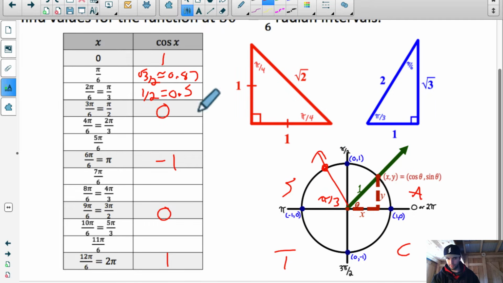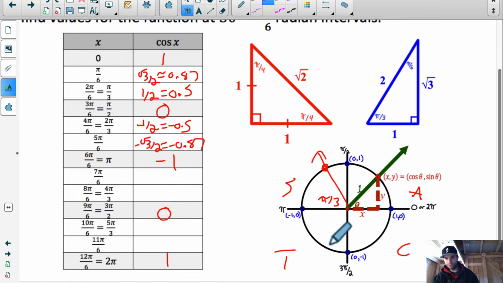Only sine is positive here, so cosine is negative. So cos of 2 pi over 3 is equal to the negative of cos pi over 3. So that'd be negative a half. Cos 5 pi over 6 would equal negative of cos pi over 6, so negative root 3 over 2. And cos of pi, we already did that, is negative 1.